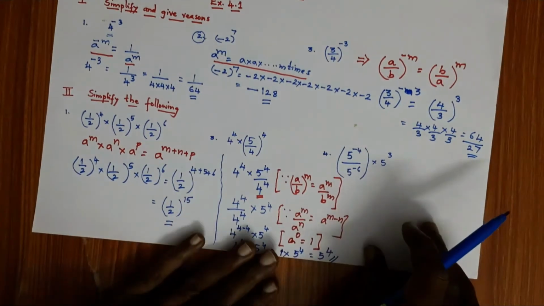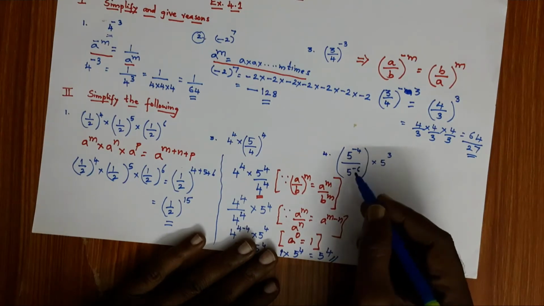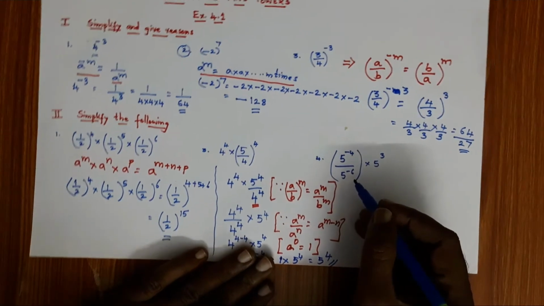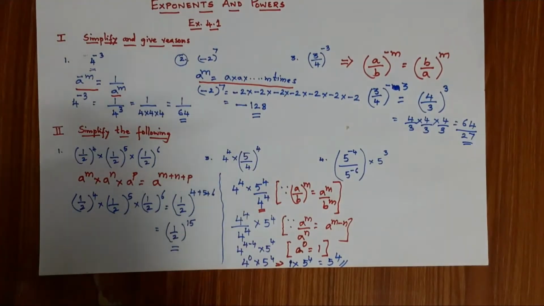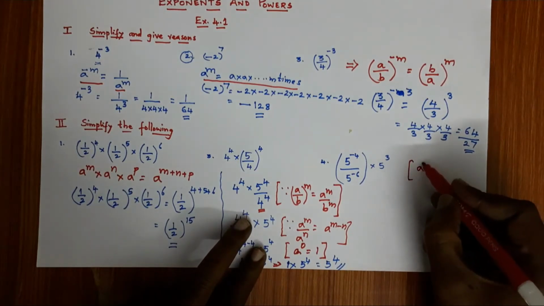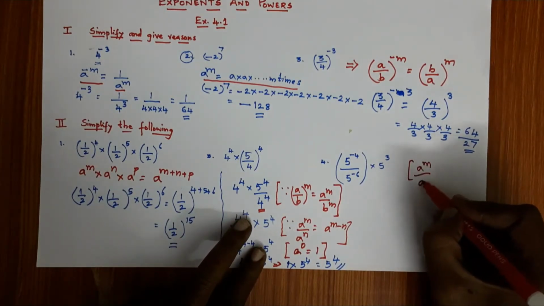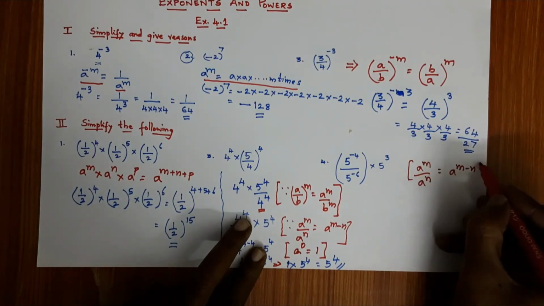See here, 5 to the power of minus 4 by 5 to the power of minus 6 into 5 to the power of 3. Same problems here. a to the power of m by a to the power of n can be written as a to the power of m minus n.